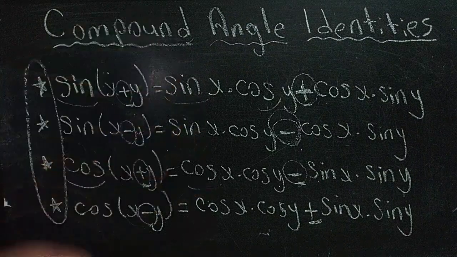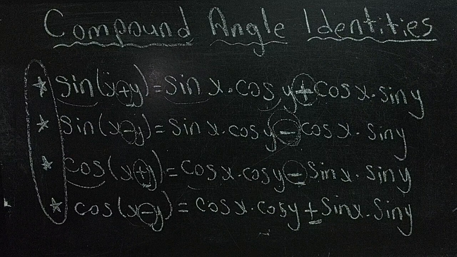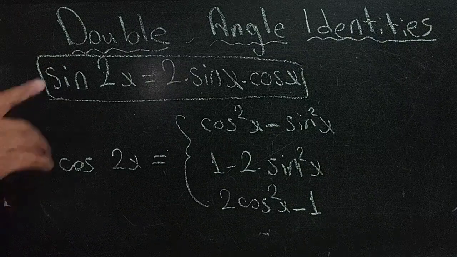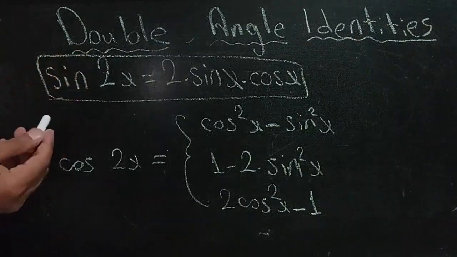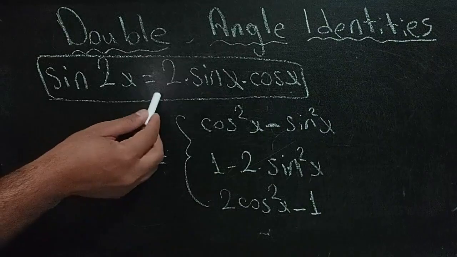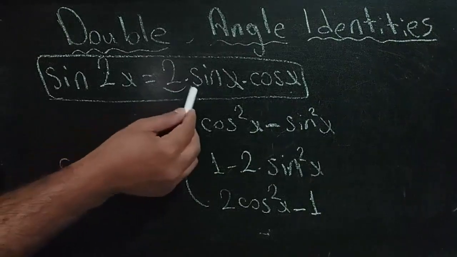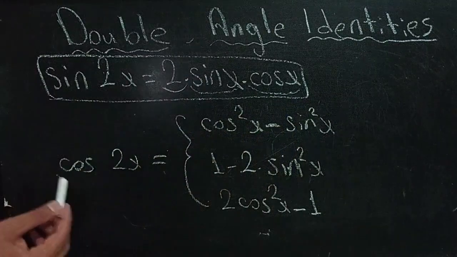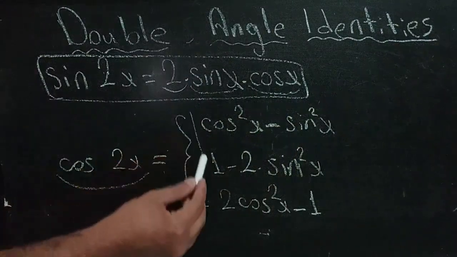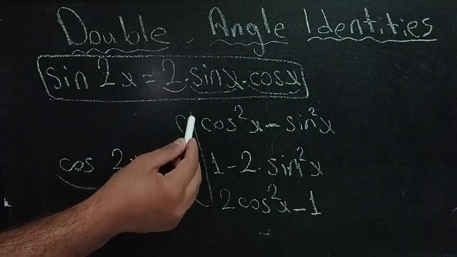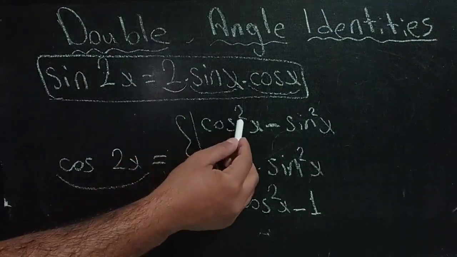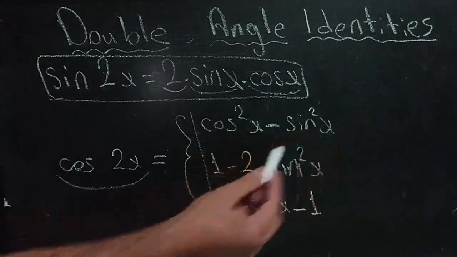Now let me show you how to prove double angle identities. Alright, now our double angle identities are sinus 2x equals to 2 times sinus x times cosinus x. For cosinus 2x, you will have 3 identities, 3 of them. First one is cosinus x square minus sinus x square.